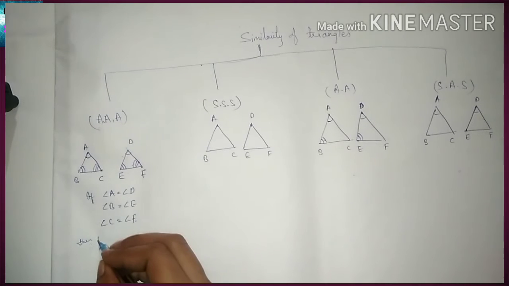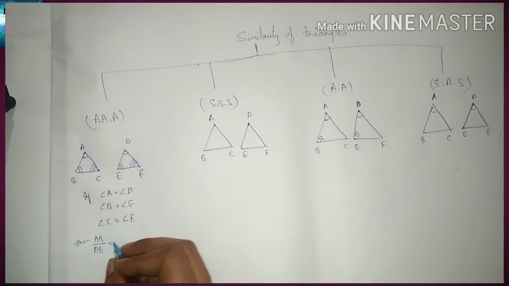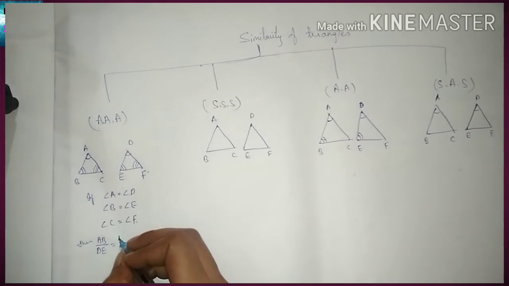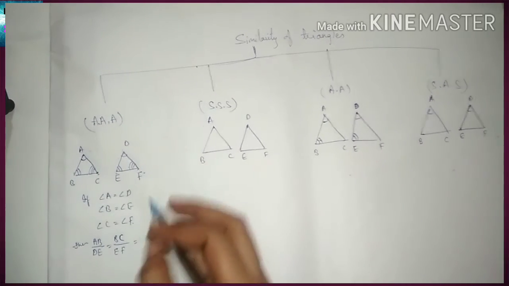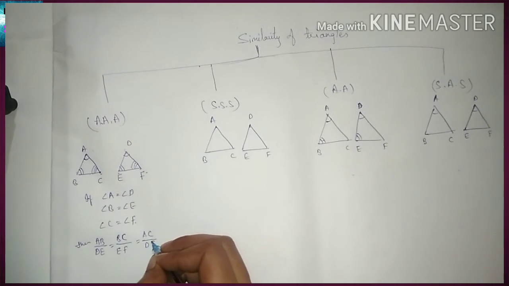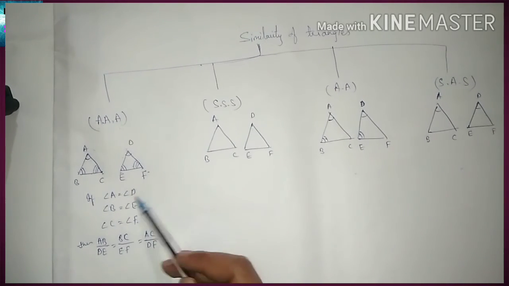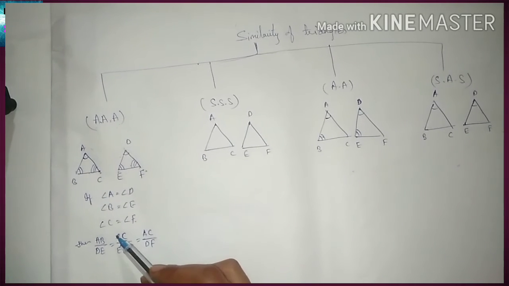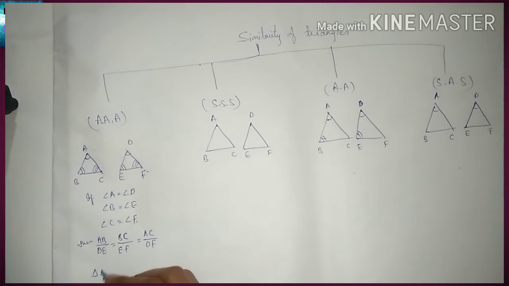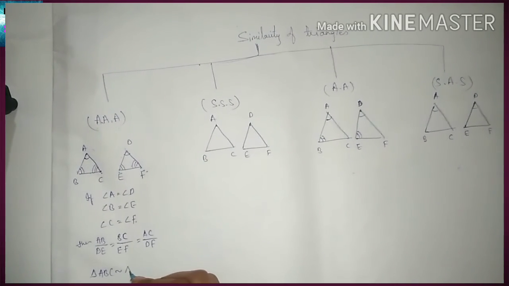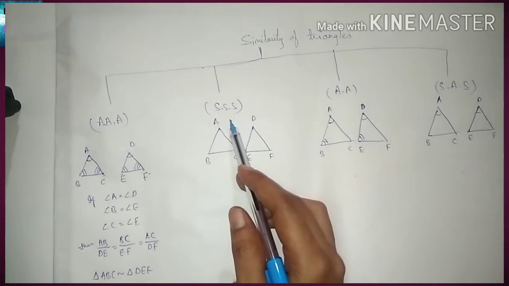AB by DE is equal to BC by EF is equal to AC by DF. So this is the first condition. If the corresponding sides are proportional, then the two triangles are similar. Triangle ABC is similar to triangle DEF. This was our first. Let us see the second.